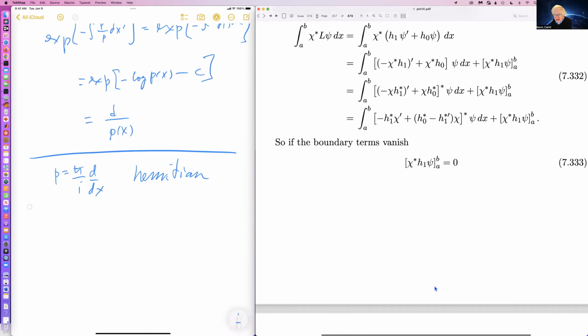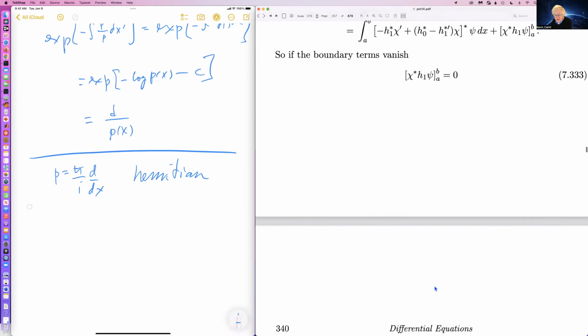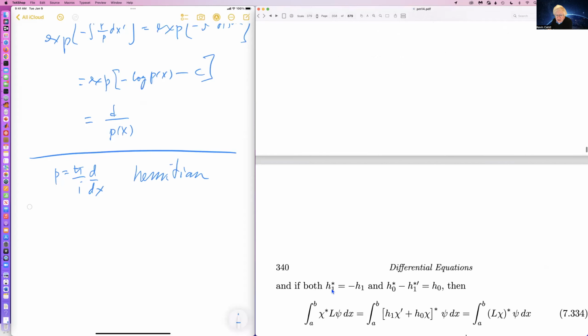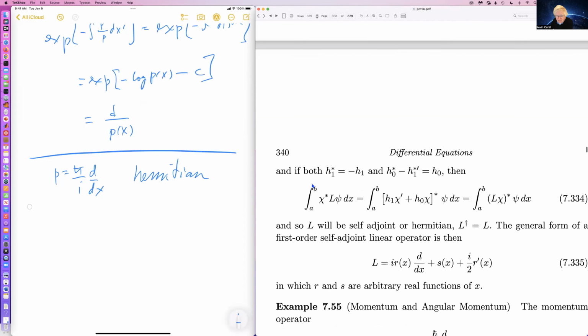So this is going to be L chi if h1 star is minus h1 and h0 star minus h1 star prime is h0. Then this will be equal to that, which is L chi star on psi.